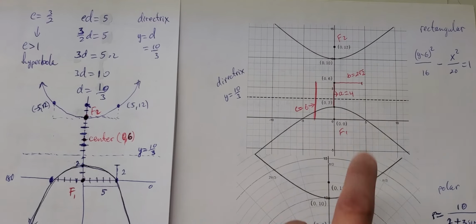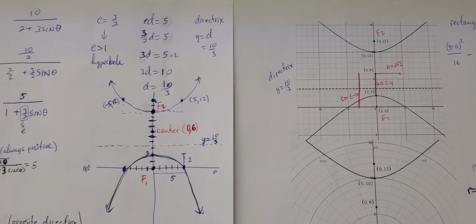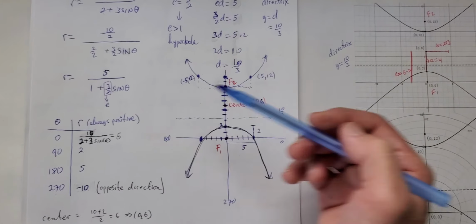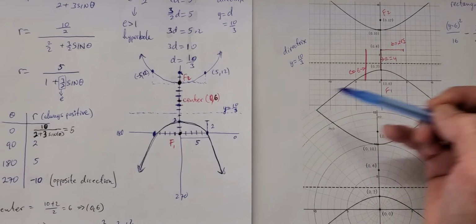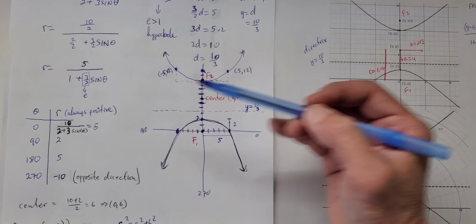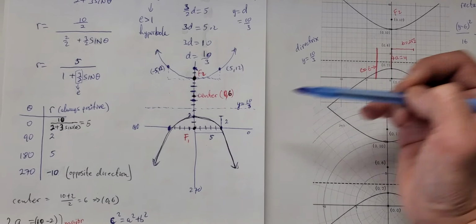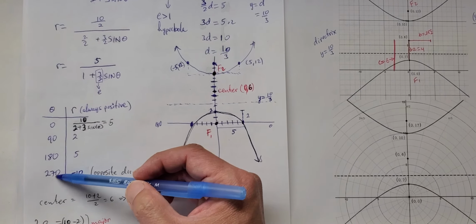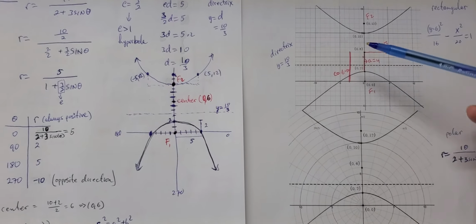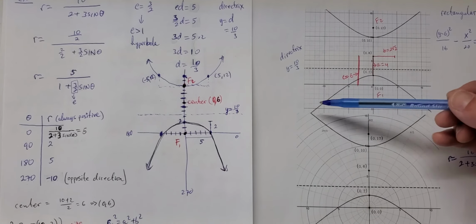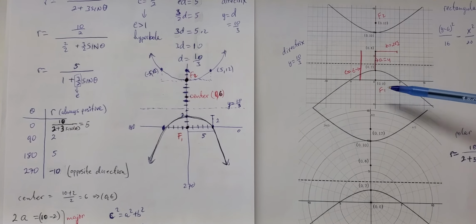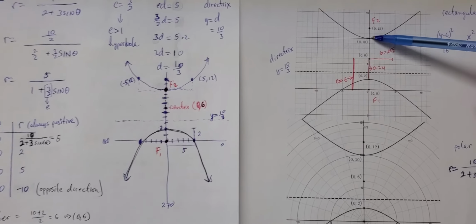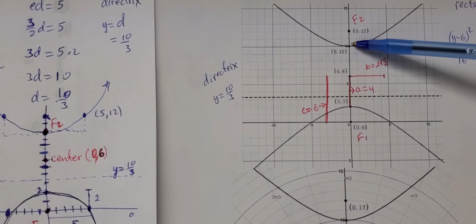If you look at this chart right here, 0, 5 is at 0 degrees, which is here. 90 degrees, 2, which is here. 180, 5, which is here. 270, negative 10. However, because this is vertical, half of this is already facing down, so the other half must face up. So that's where 270, 10 is right here.